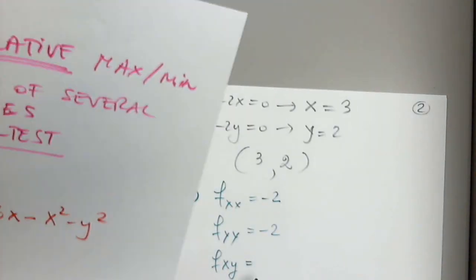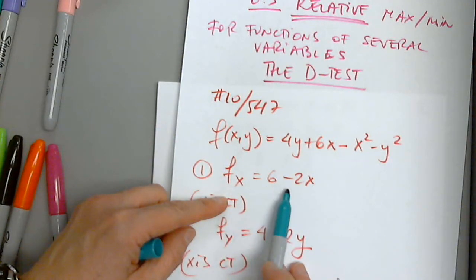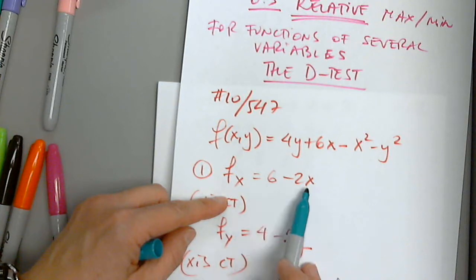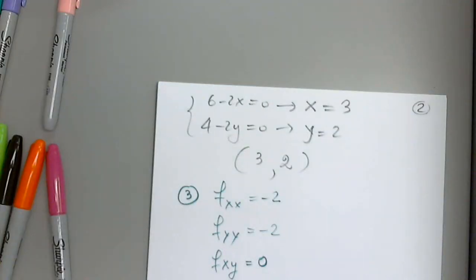Also, fxy is this function differentiated with respect to y, but there is no y in it, so it will be 0.